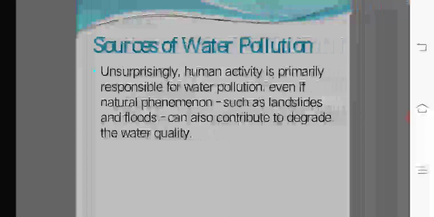Now, let us see what are the sources of water pollution. Unsurprisingly, human activity is primarily responsible for water pollution, even if natural phenomena such as landslides and floods can also contribute to degrade the water quality.